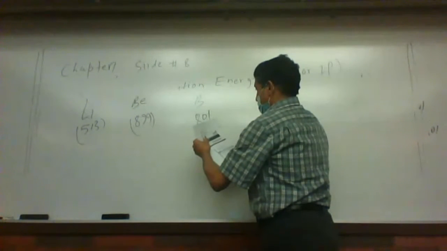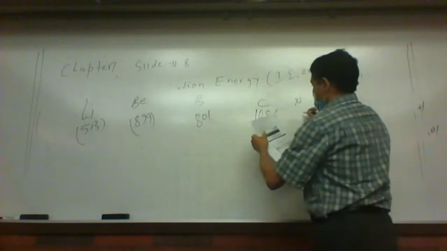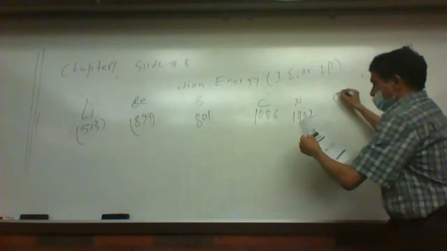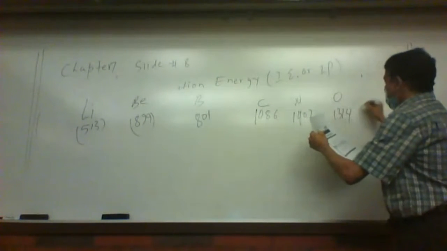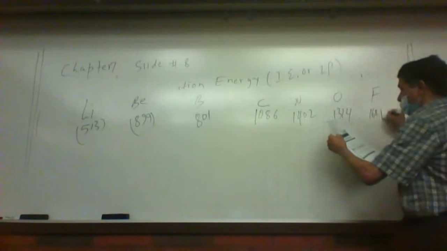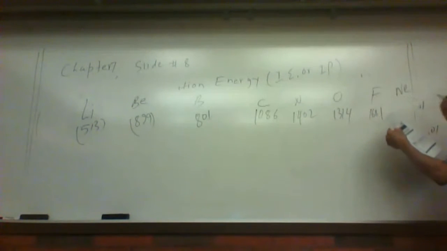To remove from carbon, 1086. To remove the electron from nitrogen, it takes 1402. And to remove the electron from oxygen, 1314. And from fluorine, it takes 1681. And from neon, if you want to remove the electron from the outermost orbit of neon, it takes 2081.